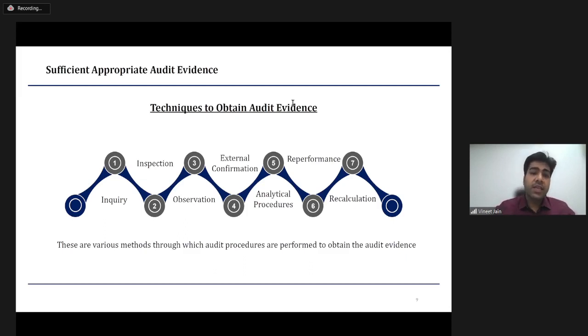Now, at each stage, floating of external confirmation, comparison of the difference, that is inspection, and then going to the management for inquiry, all of these are different techniques that we are applying to get comfort over debtors. Later on, based on the inquiry, we came to know that the balance as per books for this debtor is particular.